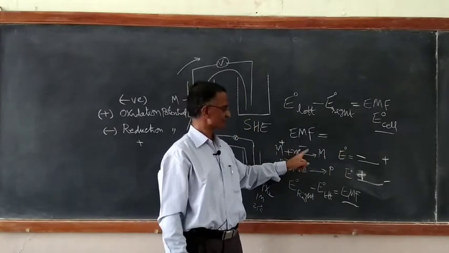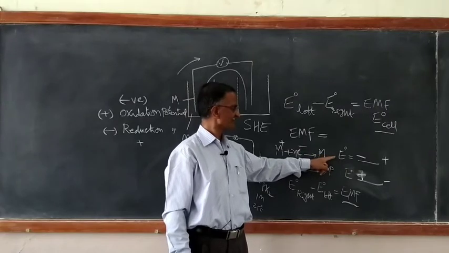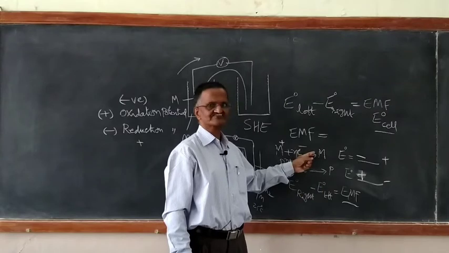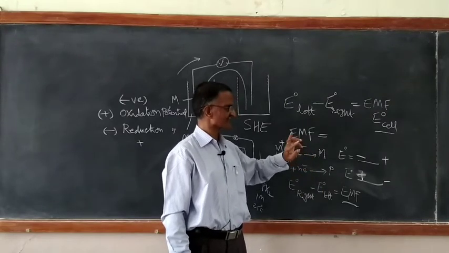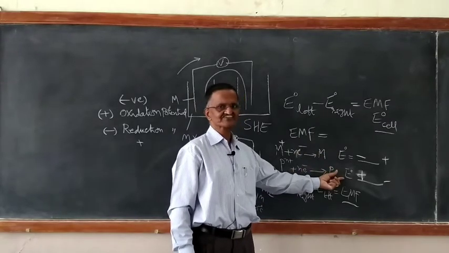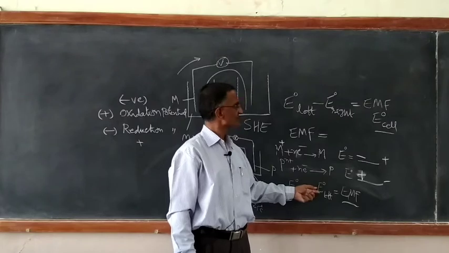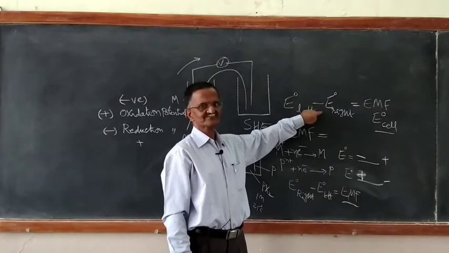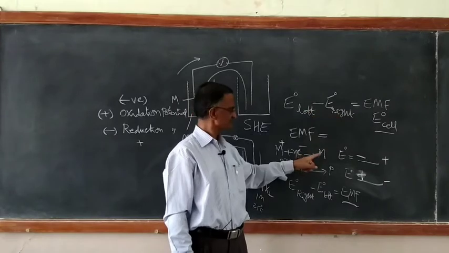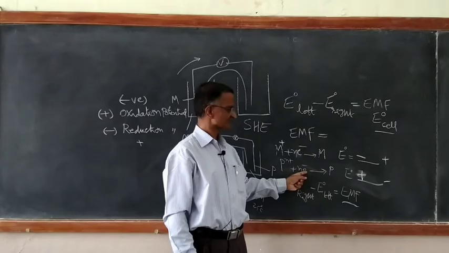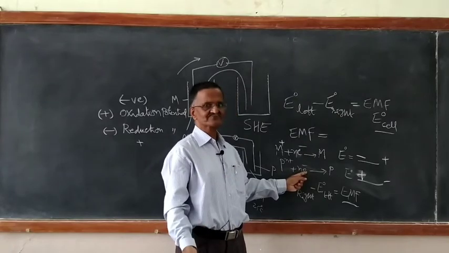For one, if it is given in terms of oxidation potential and you want to make use of E right minus E left, you change the value. This will have the same. For the oxidation potential, you convert to reduction potential, because the other one is already given in terms of reduction potential. Make use of this. And if you want to make use of E left minus E right to calculate the EMF of the cell, this is already in terms of oxidation potential. This is converted into oxidation potential.